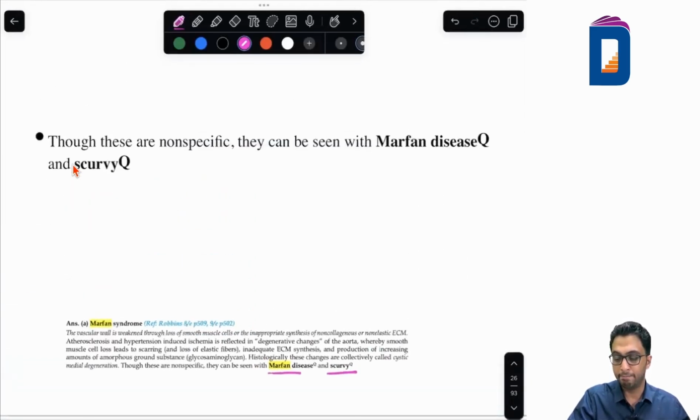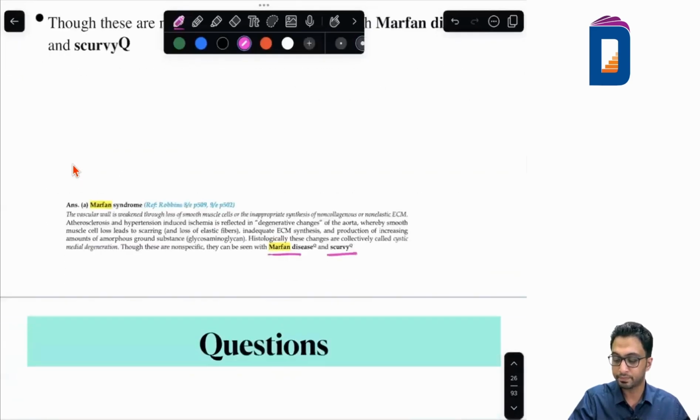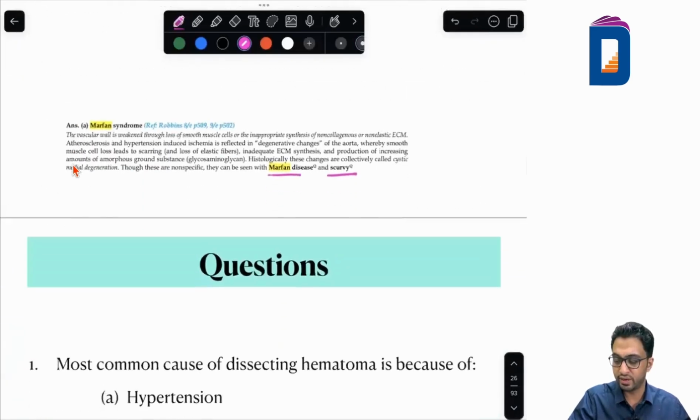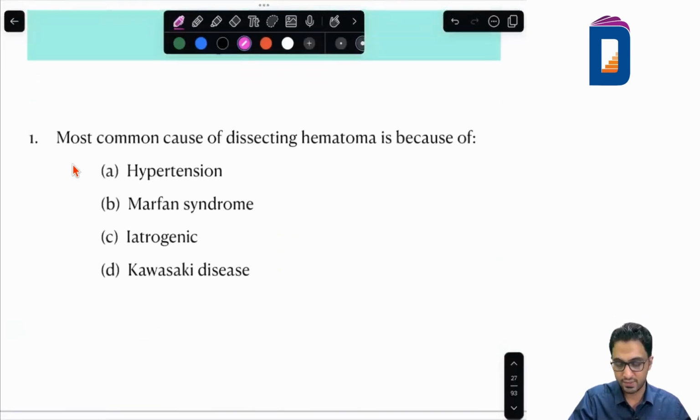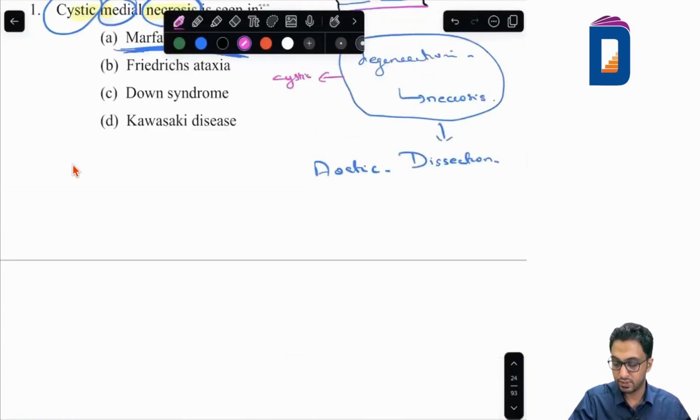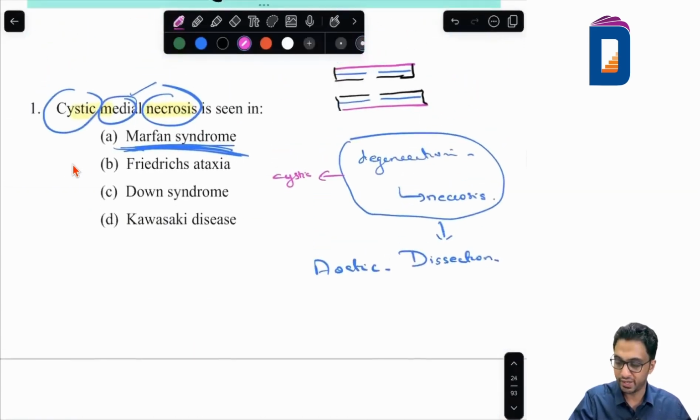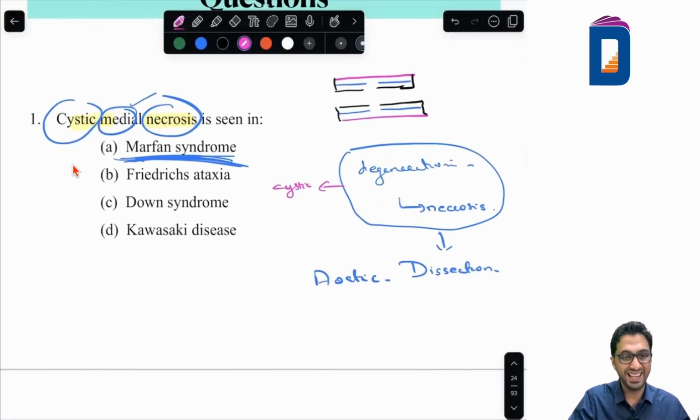Medial degeneration. Now, a little bit again on associated conditions. Someone said Marfan syndrome, and you're right. This is medial degeneration leading to aortic dissection.